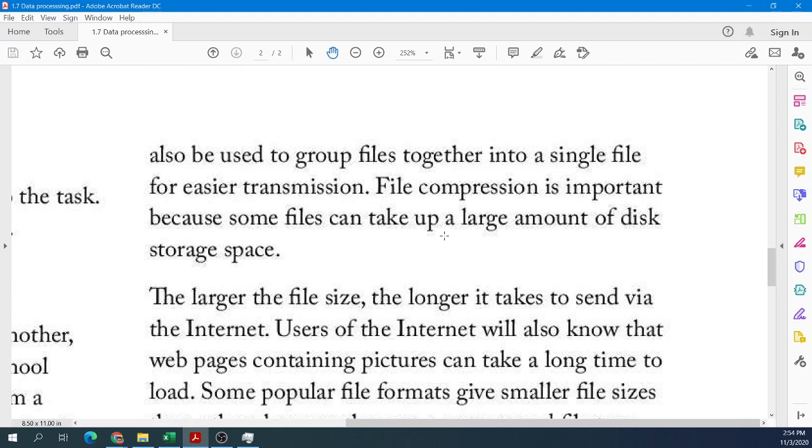Now, a benefit of file compression is that some files can take up large amounts of storage space, and file compression can help to reduce that file size. We looked at sizes of data a while ago, megabytes, gigabytes, and so on.